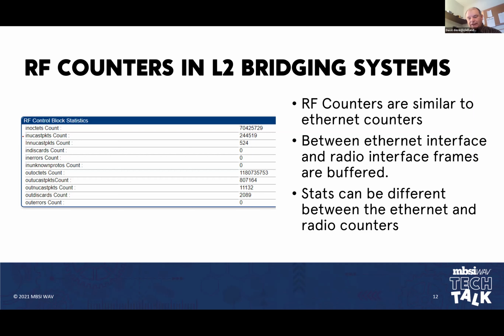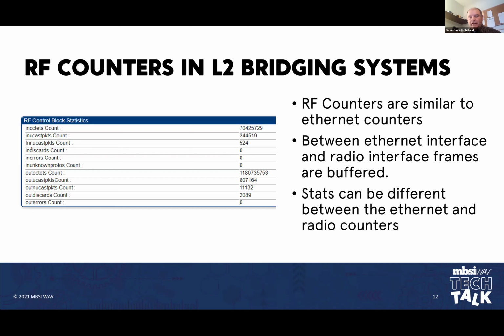What I'm looking for is what I'm transmitting, and then I look for the receiver at the other end. Now, in this particular case, I would go to a subscriber module and look at the statistics in the subscriber module, which would be exactly the opposite on the radio as what I have here at the access point. And so I could compare what performance I see there to what performance I have here.